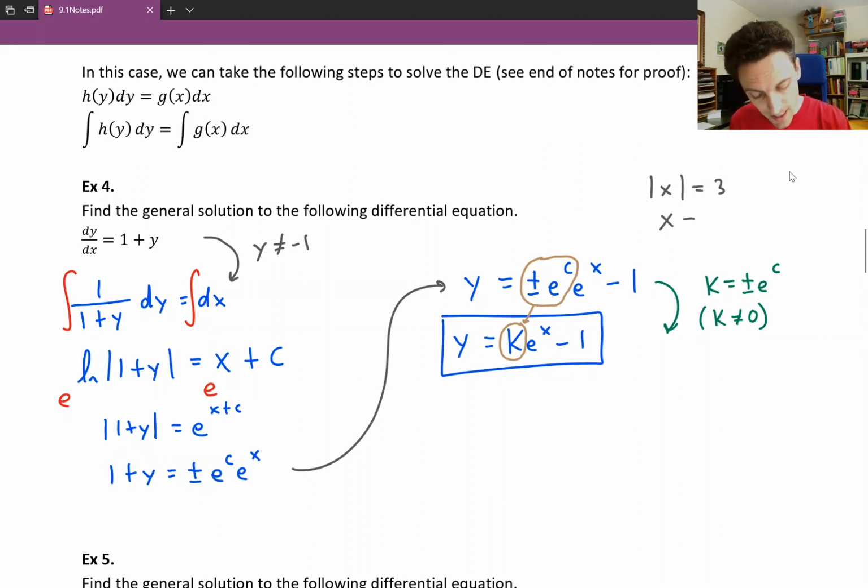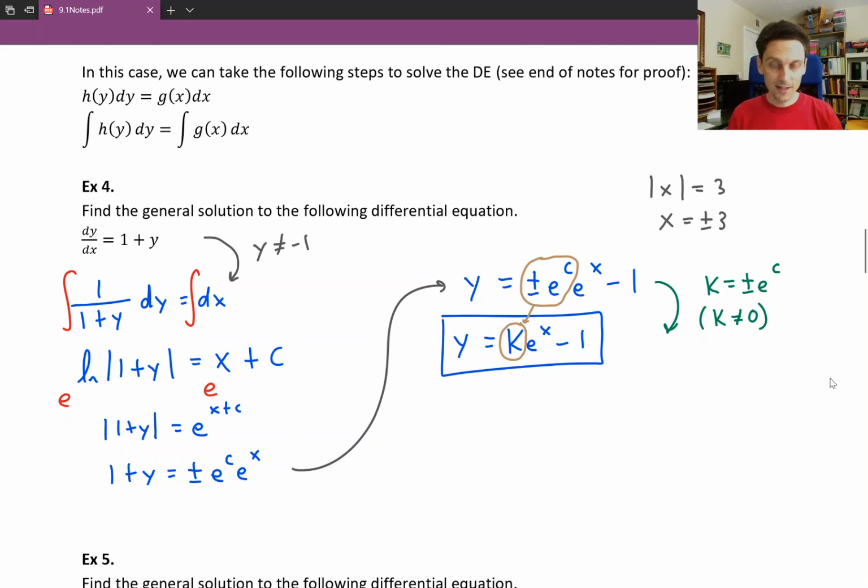In other words, x is plus or minus 3. So the same principle applies over here. If 1 plus y equals positive e to the x plus c, then you've got a solution. Or if 1 plus y is negative e to the x plus c, you've got a solution. So if you drop the absolute value bars, you'll just put a plus or minus on the other side.